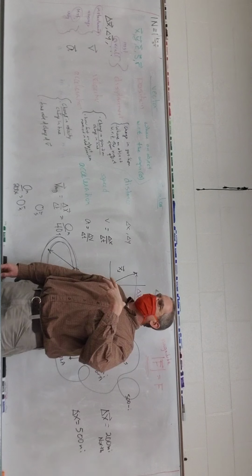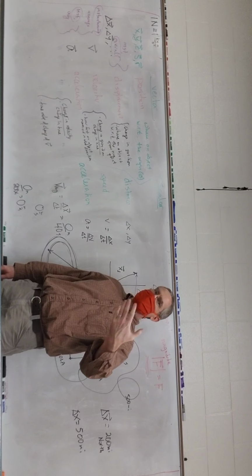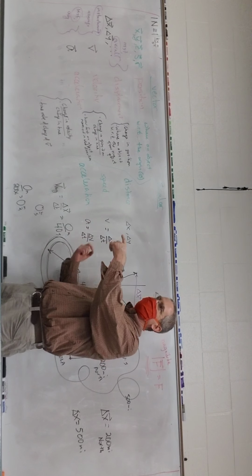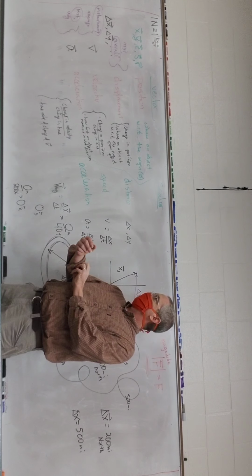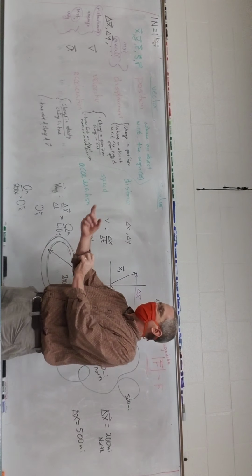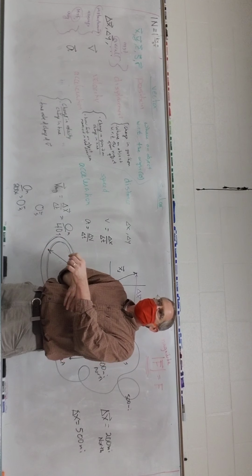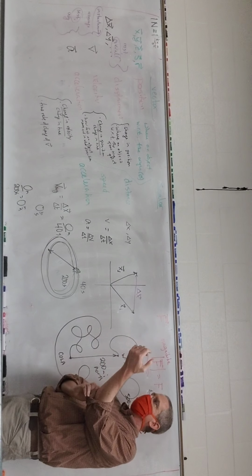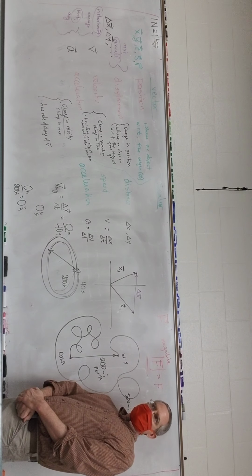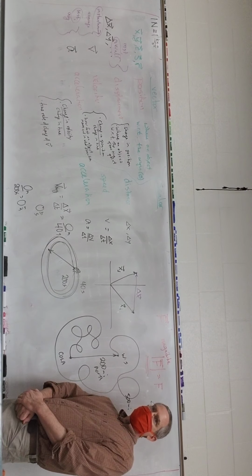If you're on a test or quiz and I use acceleration but forget to do that, just ask. But as a general rule, usually it's the vector one that's being asked. Questions up to here?